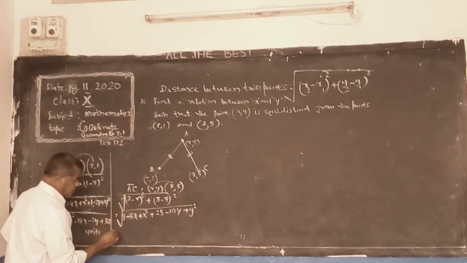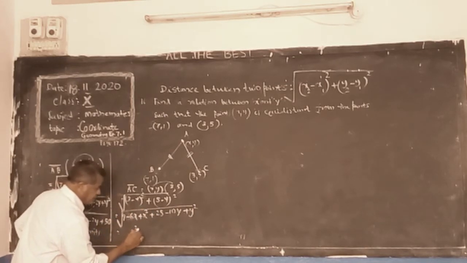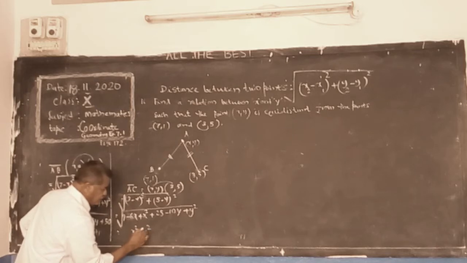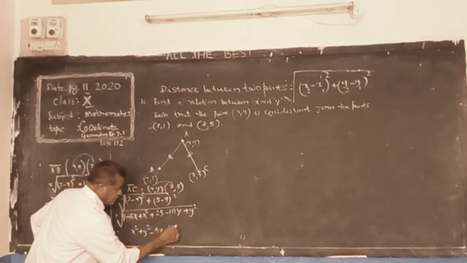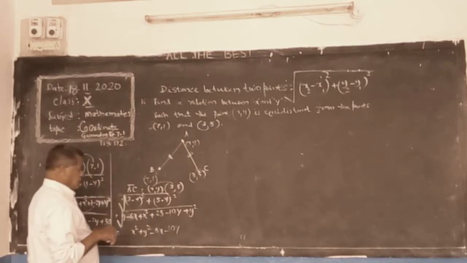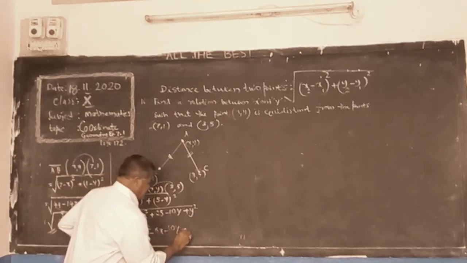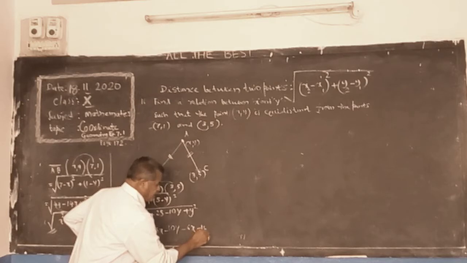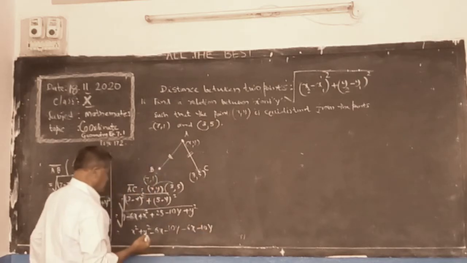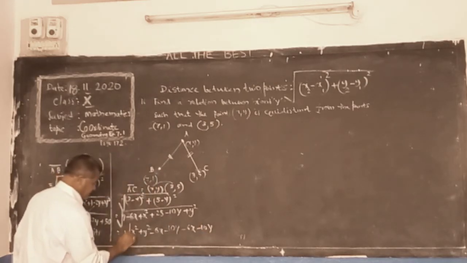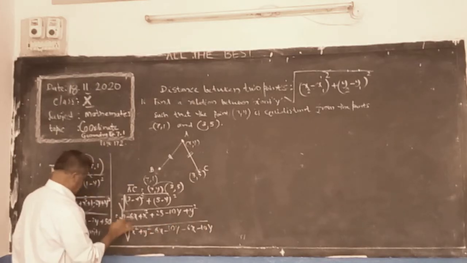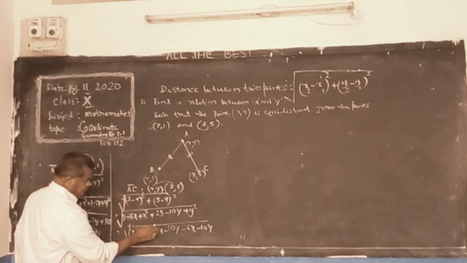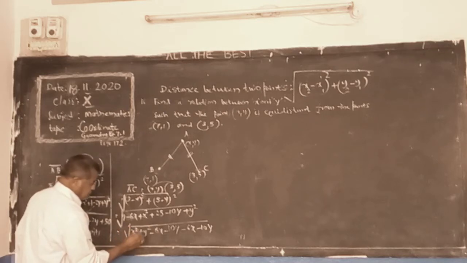Next, write in order: x squared plus y squared minus 6x minus 10y plus 34, under root units. This is the distance AC.